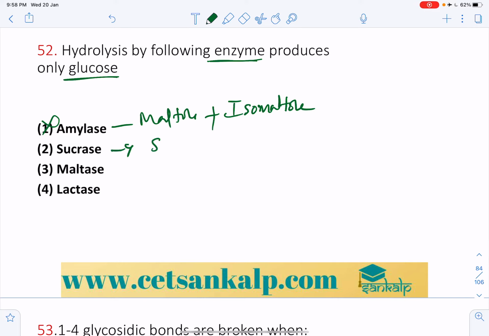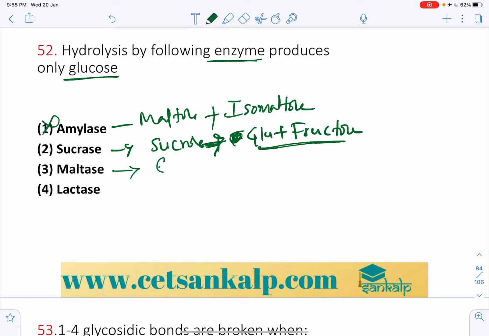Then sucrase hydrolyzes sucrose, which will be converted into glucose and fructose, so both monomers won't be glucose.